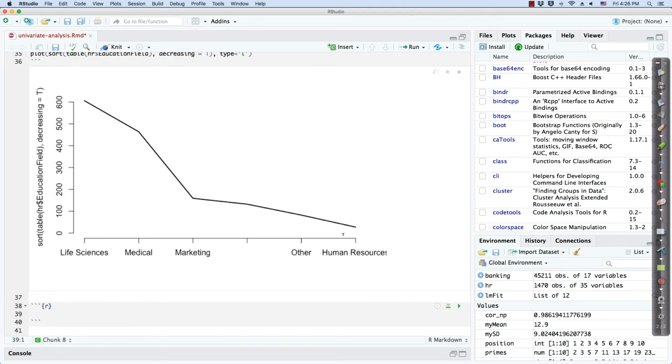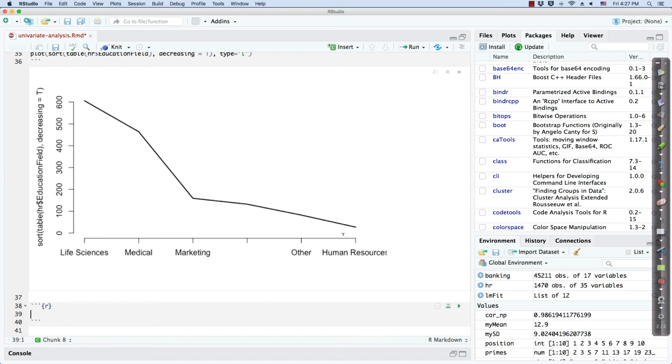Finally, we can try to understand the percentage of each category, which is quite similar to Pareto analysis. For this, we need to identify the percentage of each category in terms of their frequency. To do this, we just have to divide the frequency of each category by the total number of values in the education field column.